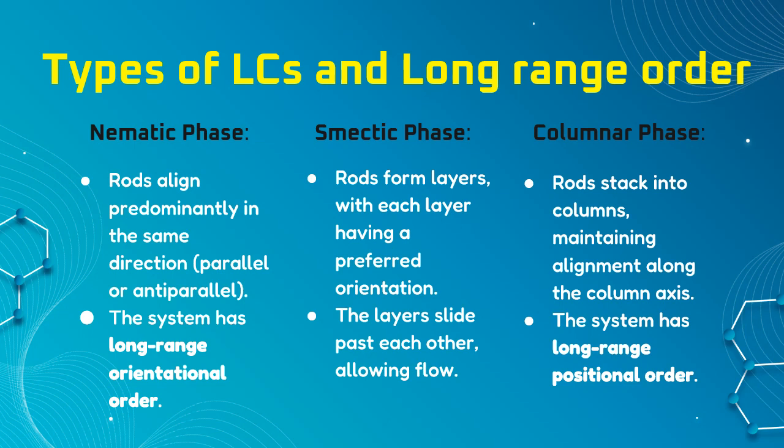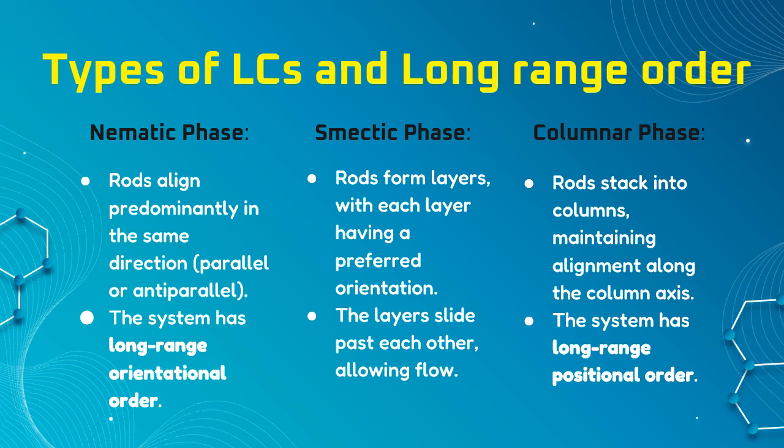Coming to the types of liquid crystals, we can see that each type of liquid crystal is associated with a type of long range order. In nematic phase, the rods align predominantly in the same direction, parallel or anti-parallel. This system has long range orientational order.